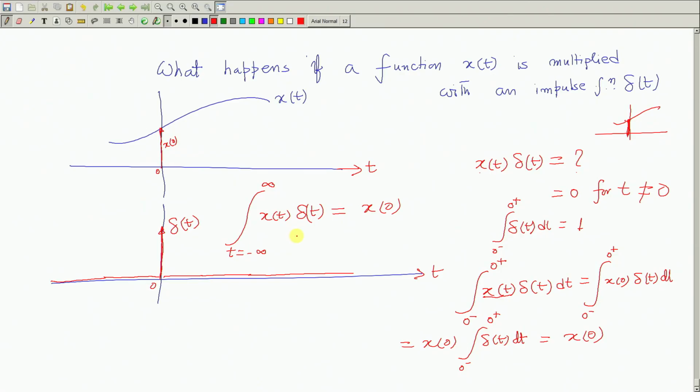So, I write it like this: the integral from minus infinity to 0 minus of x(t) delta(t) dt, plus the integral from 0 minus to 0 plus of x(t) delta(t) dt, plus the third term, the integral from 0 plus to infinity of x(t) delta(t) dt, of which the part for t greater than 0 plus is 0.